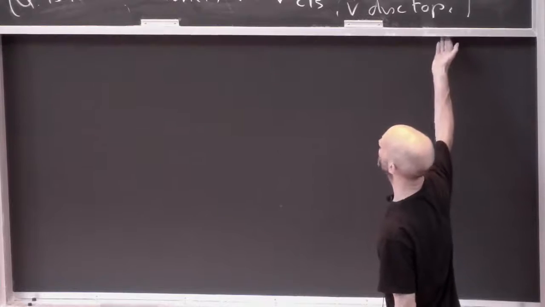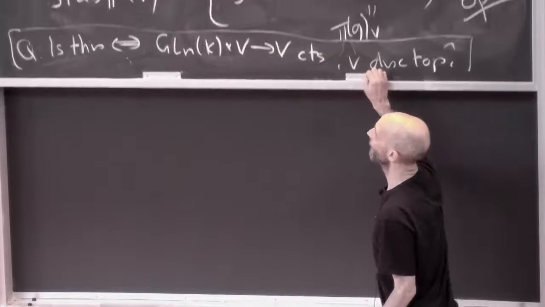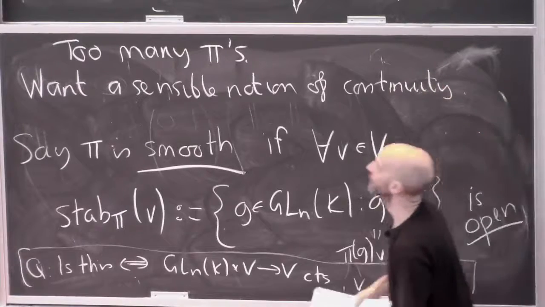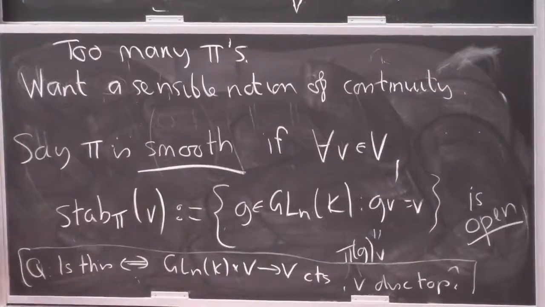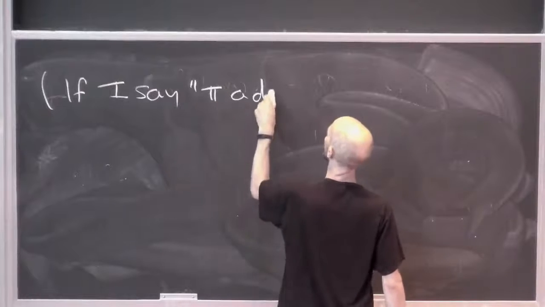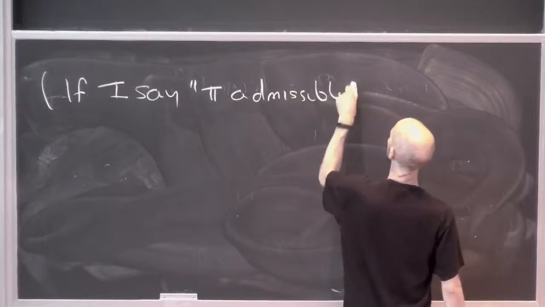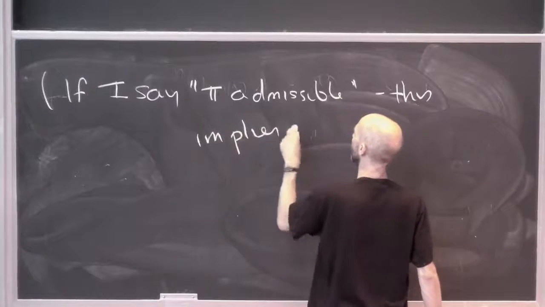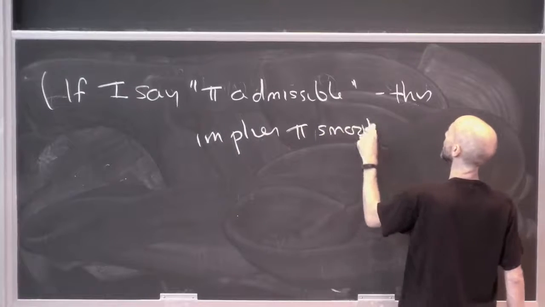So just to give you some kind of a feeling as to what the difference between these two notions is. If I say something is admissible, okay, that's going to imply it's smooth, right? So if I say pi is admissible, this implies pi is smooth, you see.